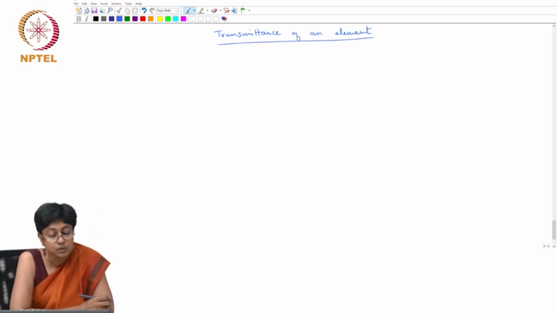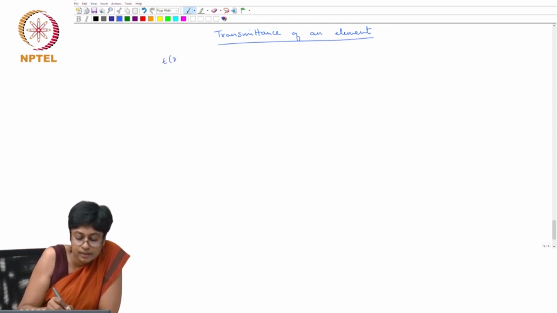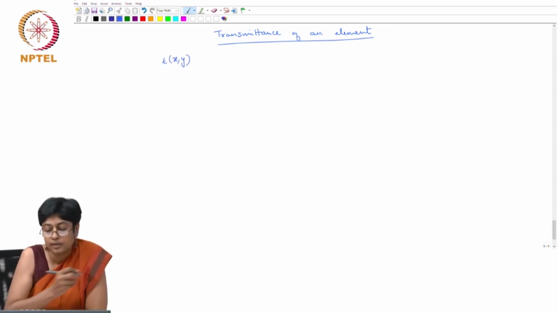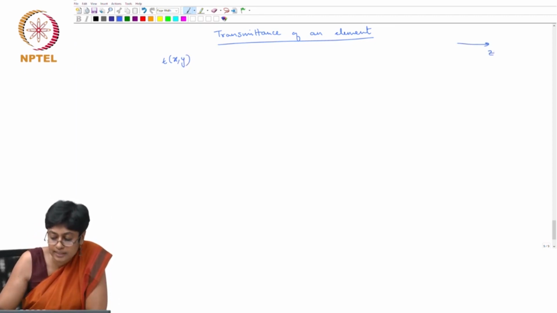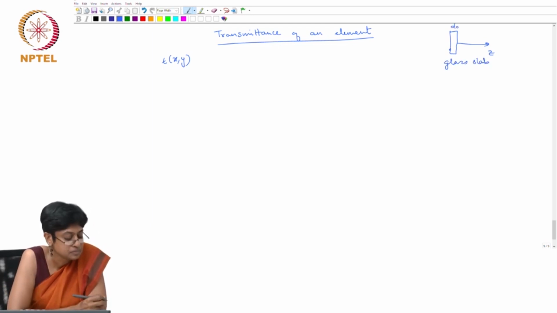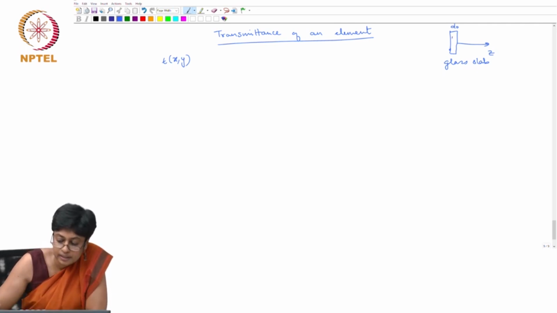Okay. Now, transmittance, as we always normally assume that propagation is along the z direction. So if you assume you have an element, let's say in this case I have a transparent glass slab of thickness d naught, right, and refractive index n.